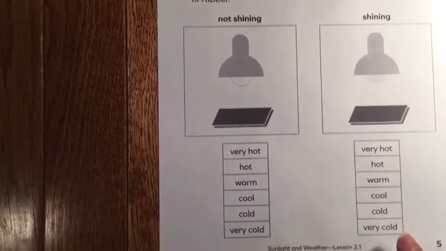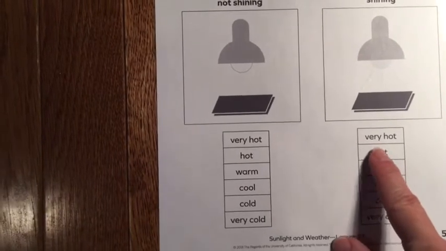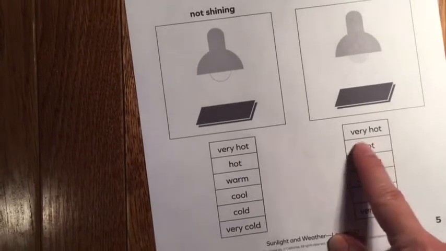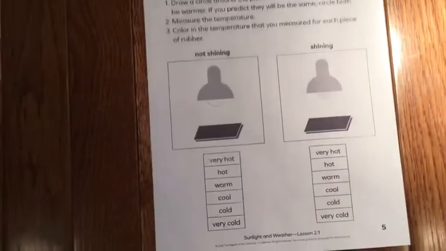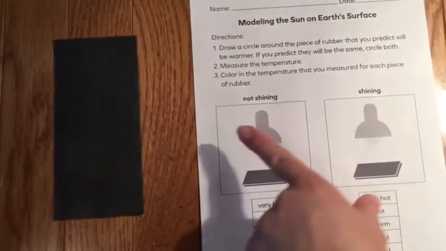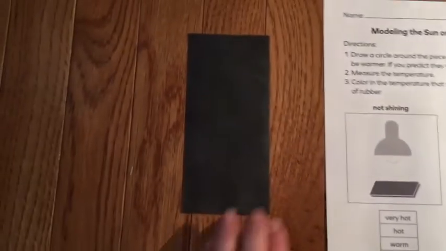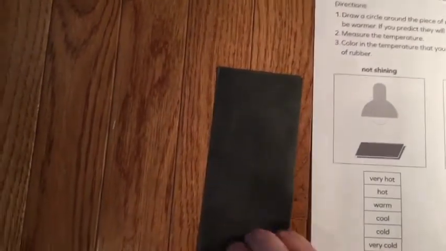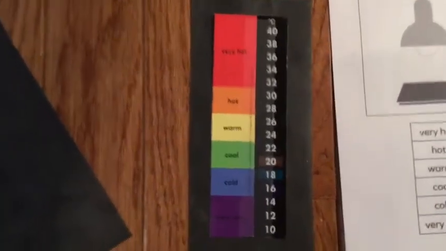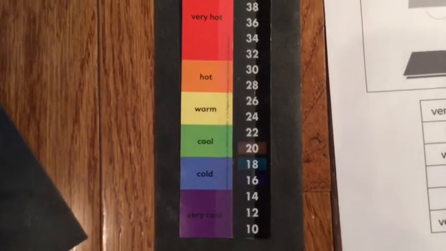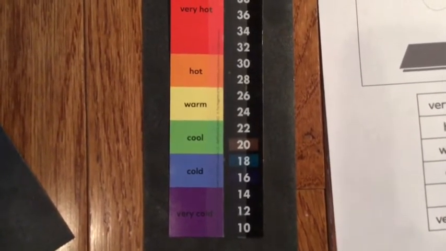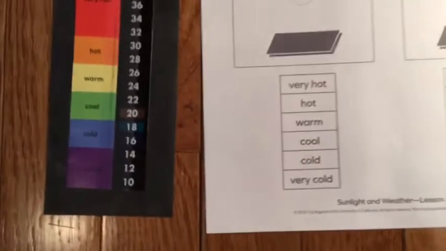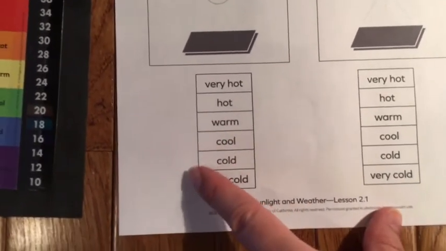So on the shining side, we'd color in that hot and, like a scientist, record our observations. Now let's go over to the not shining side, and we're going to lift that up. And what is that at? That's at that cool and cold, probably more cold. So I go ahead and color that in, okay?